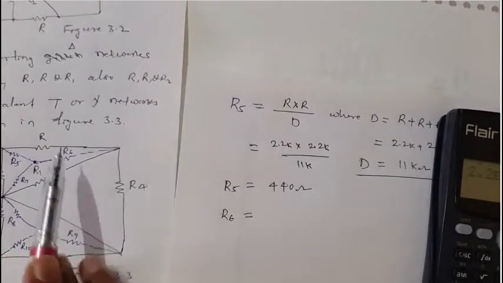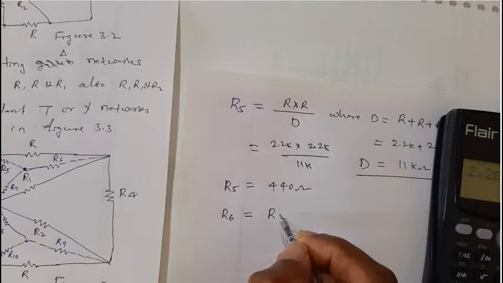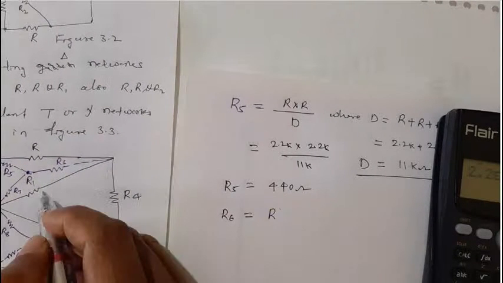For R6, the two resistors which are adjacent are R and R1, this and this resistance.